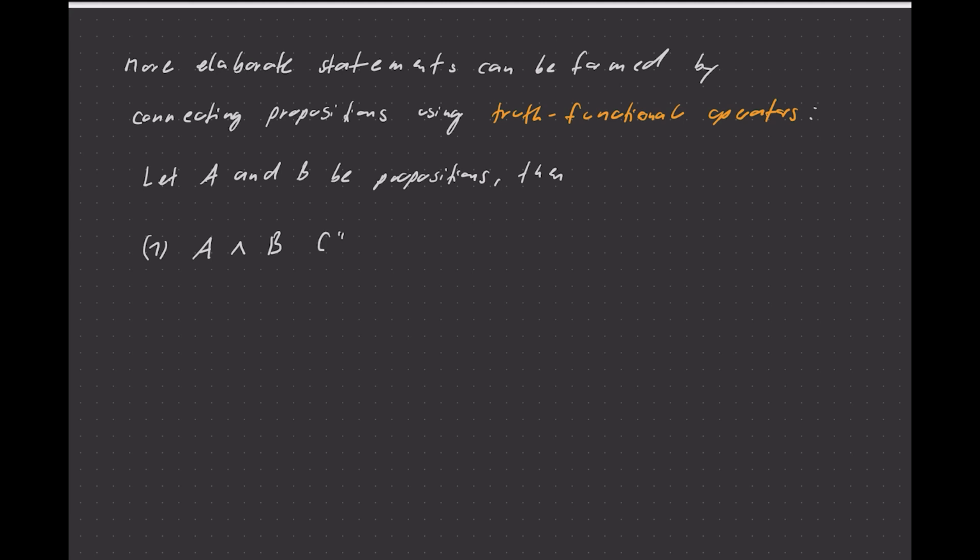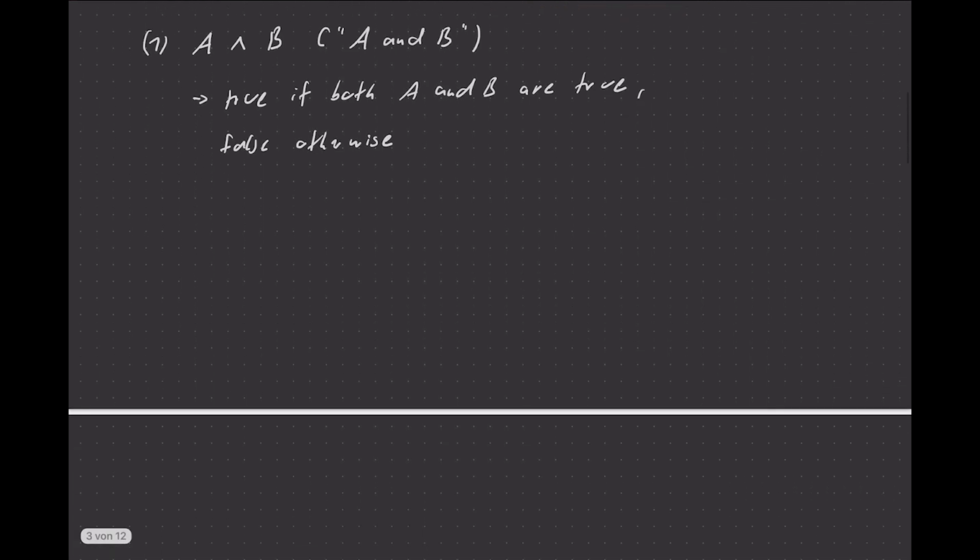Yeah, so you'd say that is the connection A and B. And that is true if both A and B are true, and it is false otherwise. So that's a new proposition that says both parts of that proposition need to be true.